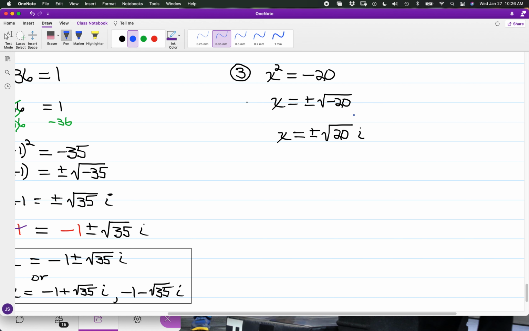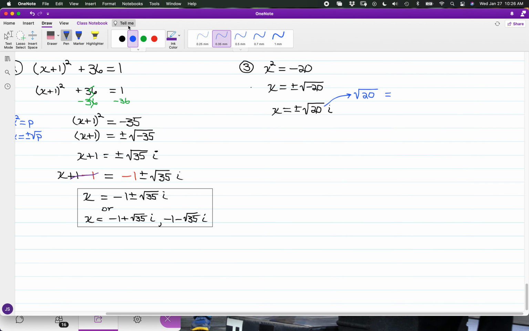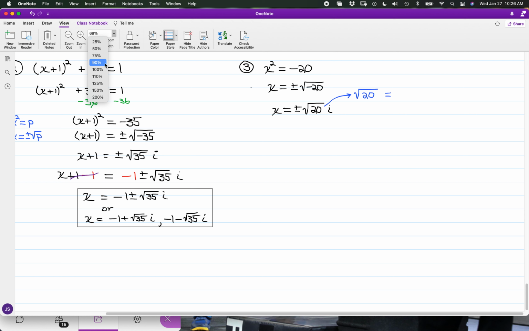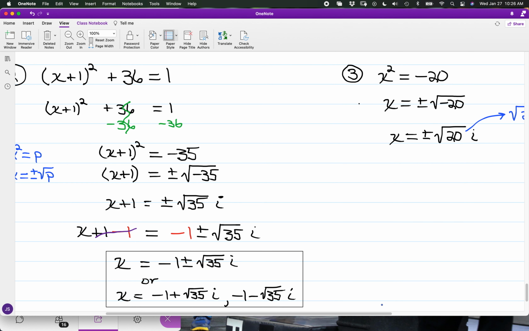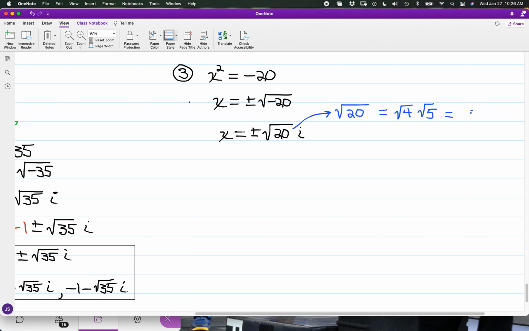Now 20, like 35, is not a perfect square, but unlike the square root of 35, the square root of 20 can be lowered. The highest perfect square divisible into 20 is 4. So the square root of 4 times the square root of 5 goes to 2 times the square root of 5.